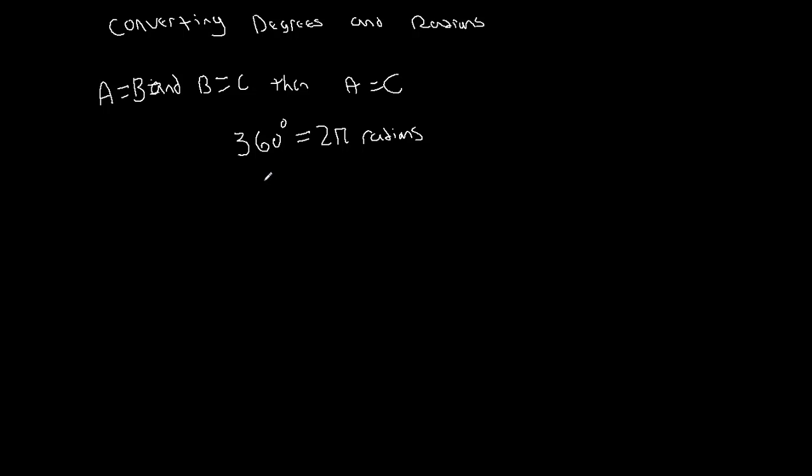So what I want to do is set up a generic formula. If given degrees and looking for radians, how do we go about solving this? Well, another way that we can set up this equation, when you have an equal sign, is as a ratio.